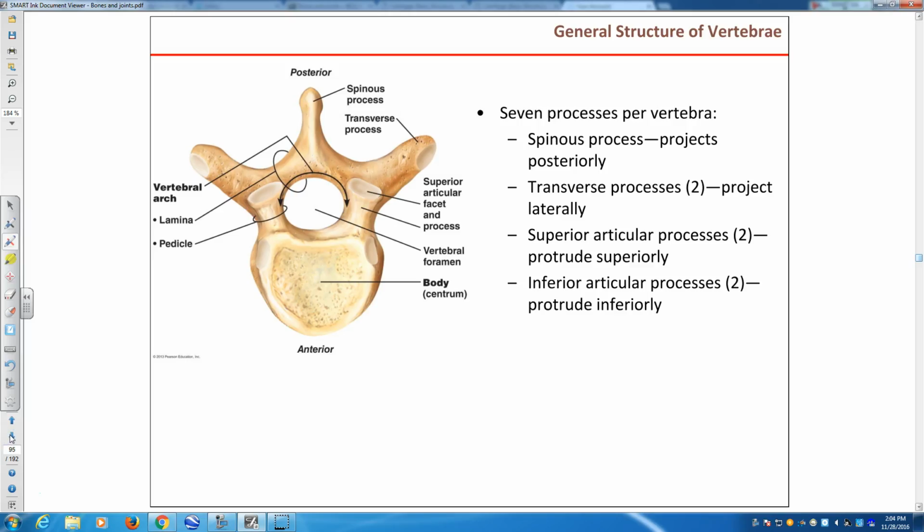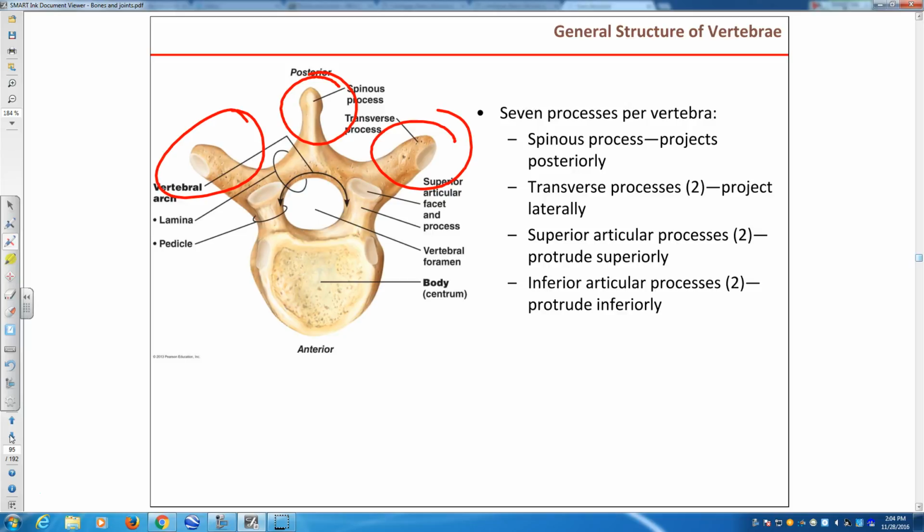Each vertebra has several processes. The spinous process, that's what you touch when you feel a vertebra, probably the most prominent, the most noticeable. The transverse processes. These are transverse processes.